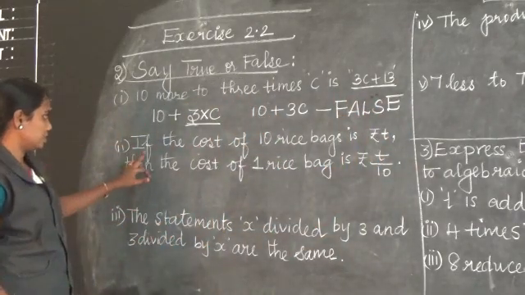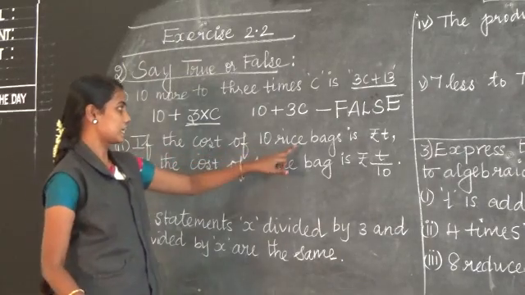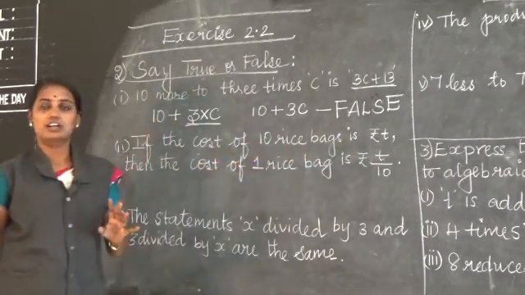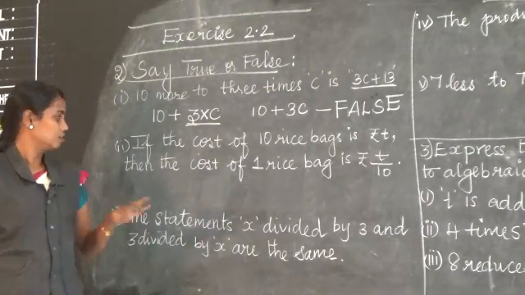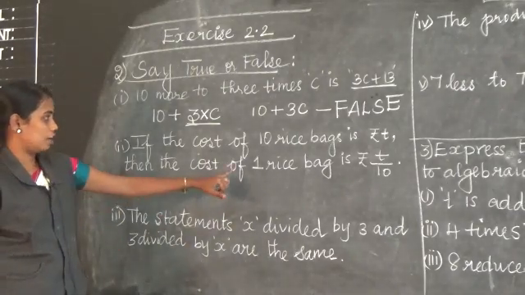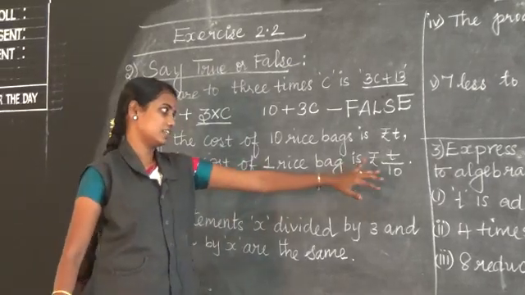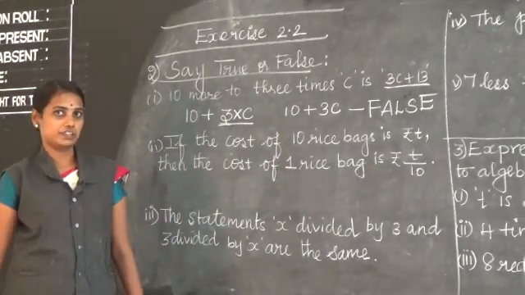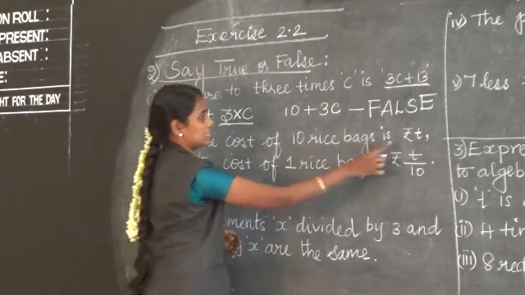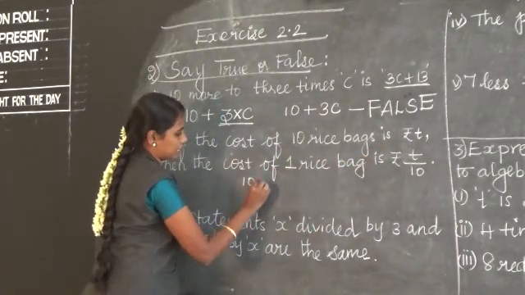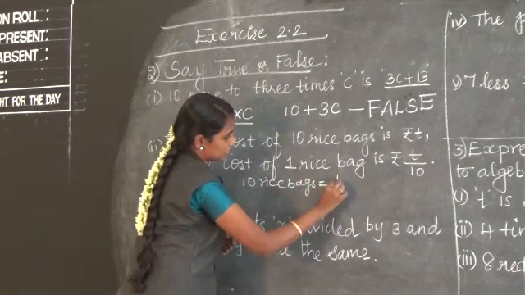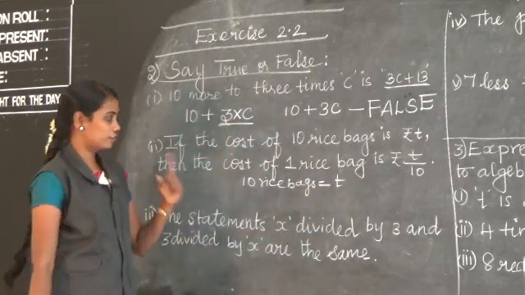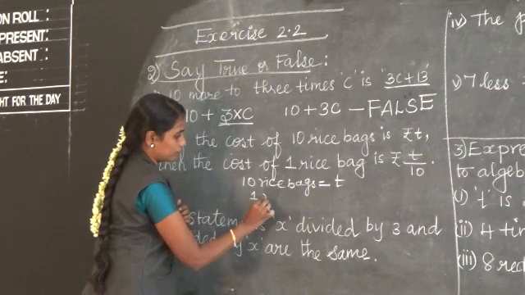Likewise, next option: if the cost of 10 rice bags is T. Okay, what is the rice bags cost? T. T is unknown. Then the cost of 1 rice bag is T by 10, is given. Okay, listen. 10 rice bags given as T. If you want to find out the 1 rice bag, what will you do?